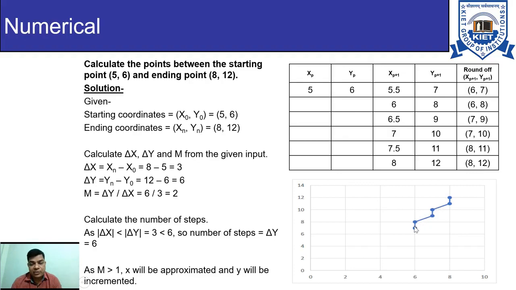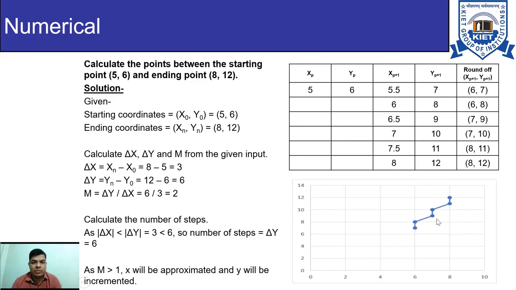And in this figure I can see that the line is not straight. Why is it not straight? Because corresponding to a single value of x, that means for x equal to 6, you are plotting y equal to 7 as well as y equal to 8, and because of this the line does not come out straight and there are jaggies or aliasing in the line.